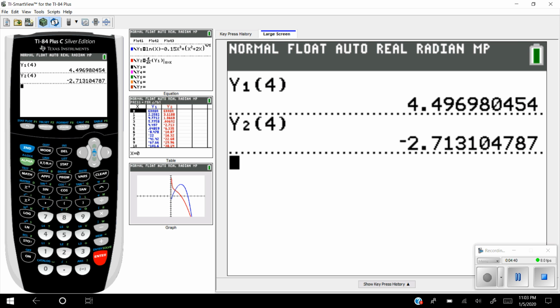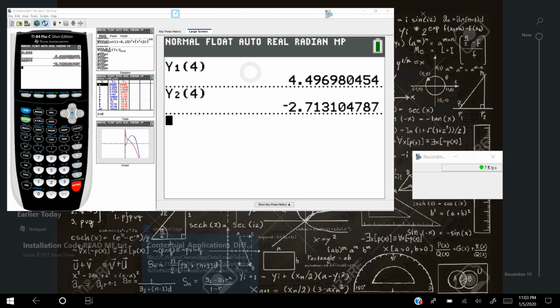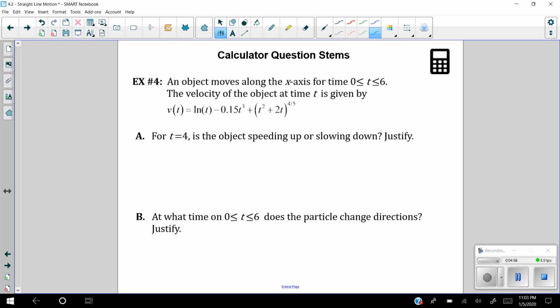And you can see here that we get 2 different signs. So the velocity at t equals 4 was positive, the acceleration at t equals 4 is negative. So that's going to tell me that the particle, or the object in this case, is slowing down.